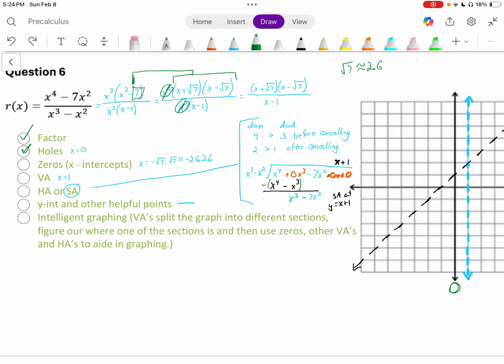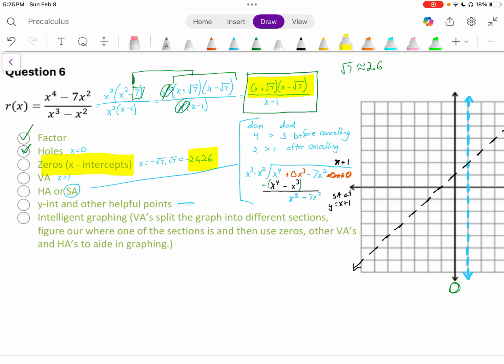All right, now looking at our final simplified function here, we have x plus root 7 times x minus root 7 over x minus 1. We know that zeros come from values that make the numerator 0, and that would be at positive root 7 and negative root 7.